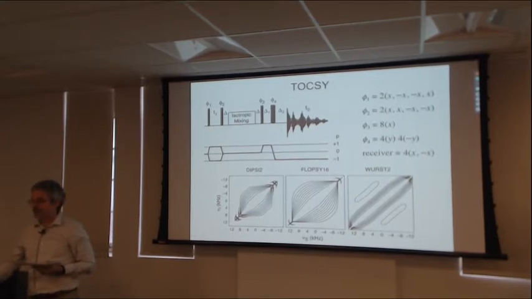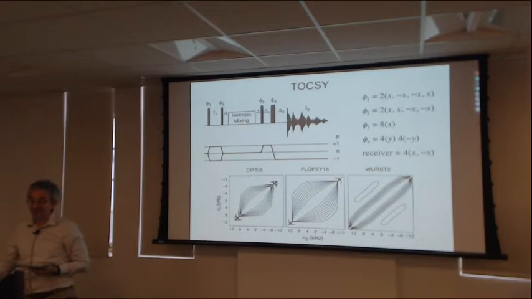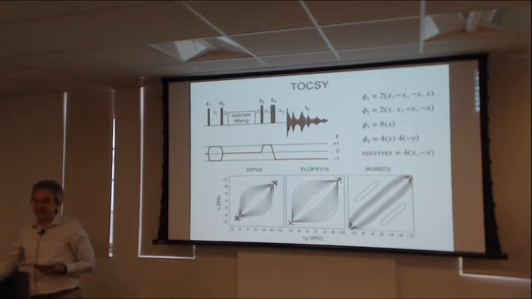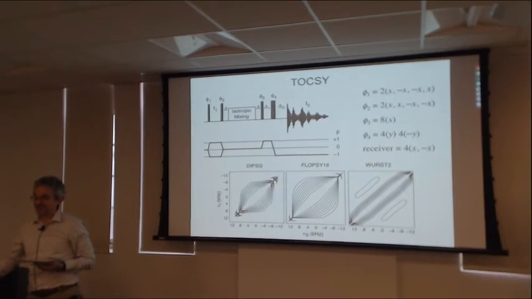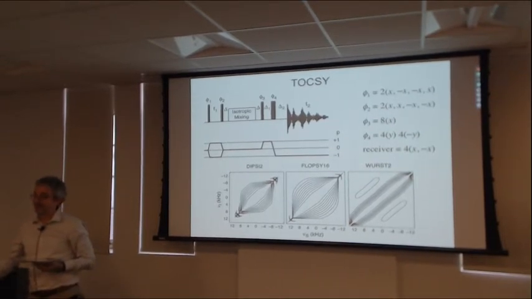The WALTZ sequence, which probably Anne may talk about, was developed out of a family of sequences where what's called average Hamiltonian theory, which I know Anne will talk about, was used to try to get approximate solutions to these more complicated evolutions under more complicated Hamiltonians than the weak scalar coupling.